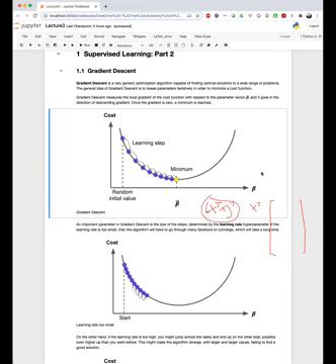Solving the normal equation is hardly used in real applications, because it's just too complicated and too expensive. Although the equation is really simple, evaluating the answer, or solving the linear system, is really expensive.